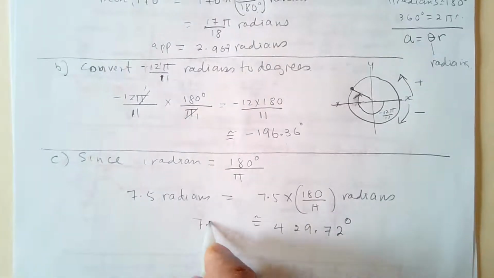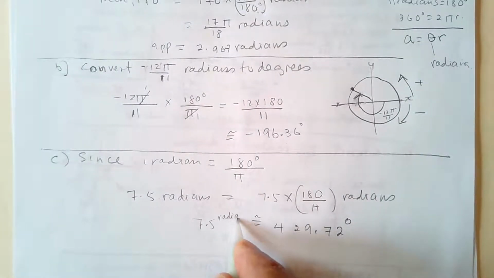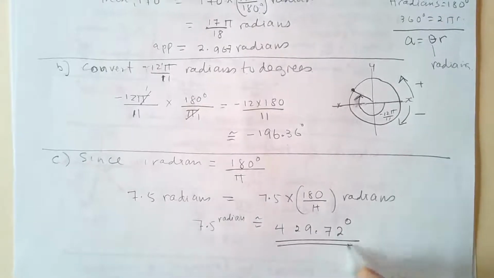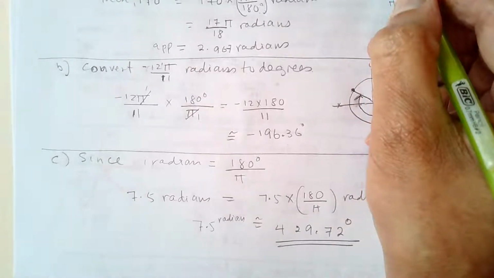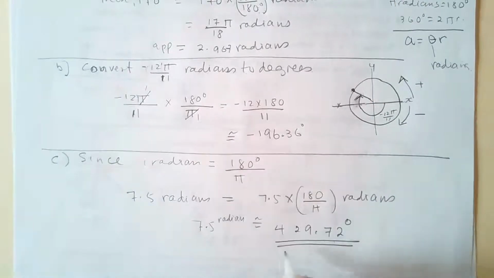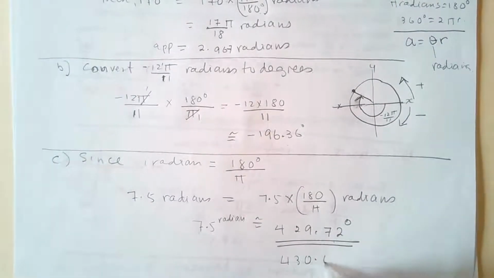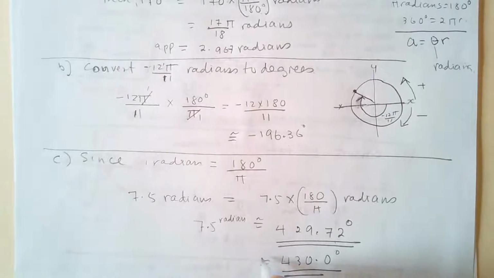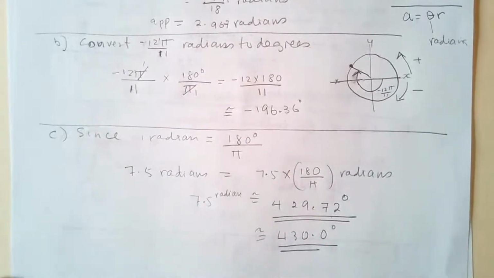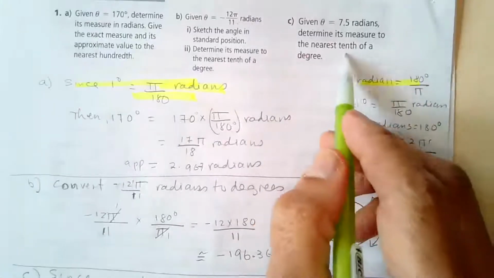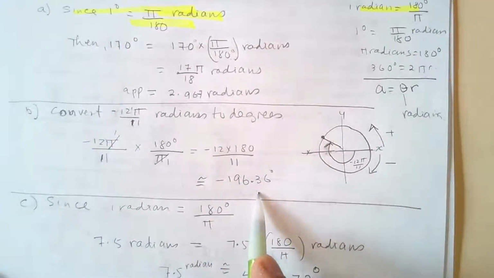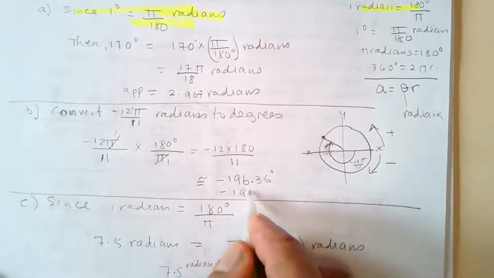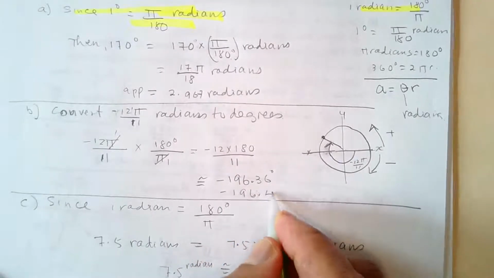So 7.5 radians is approximately 429.72 degrees. Now, the question has us round to a tenth of a degree, so I need to round this. So it'll be 430.0 degrees, because the question was to make it to a tenth of a degree. I guess I should have done the same thing here. This should be negative 196.4 degrees.